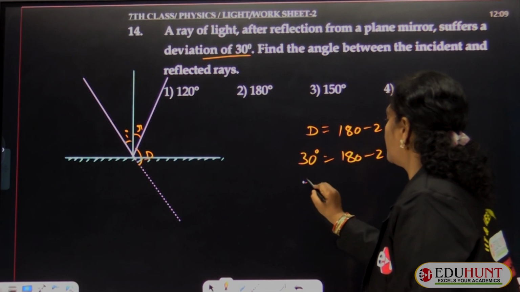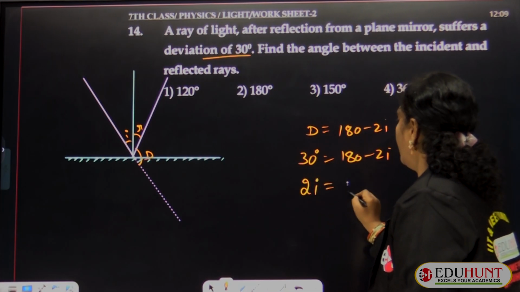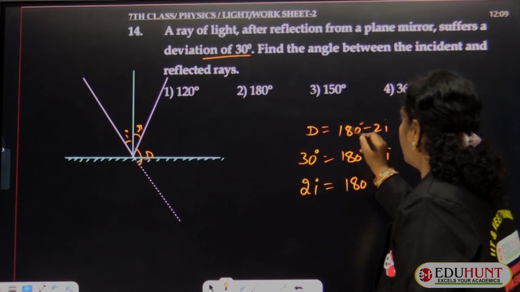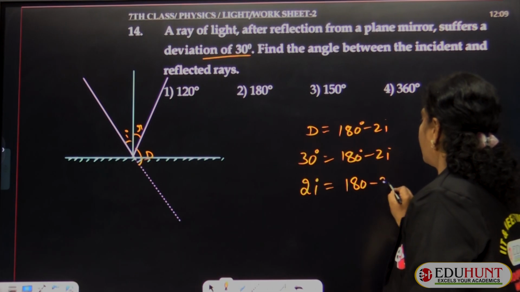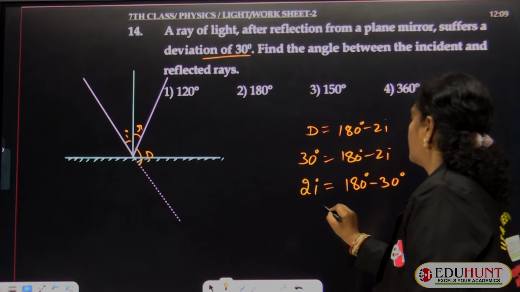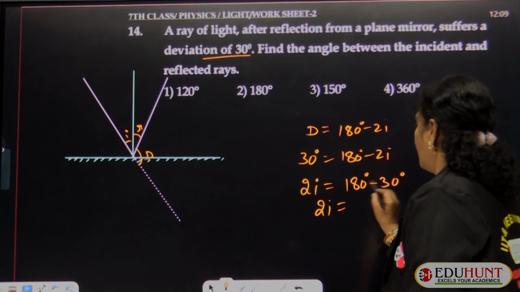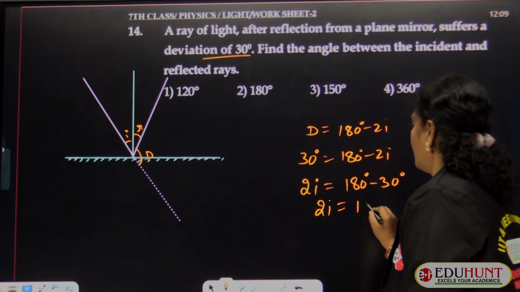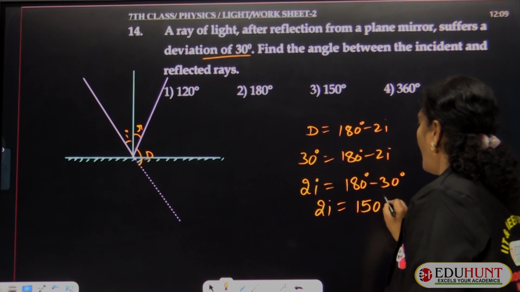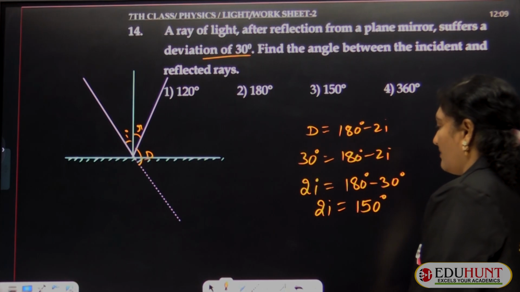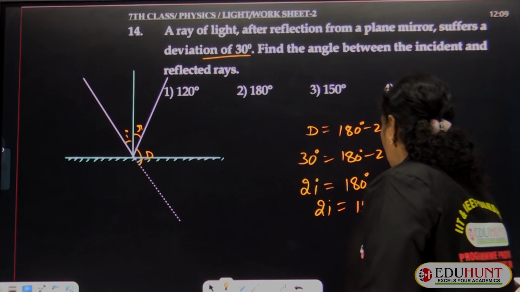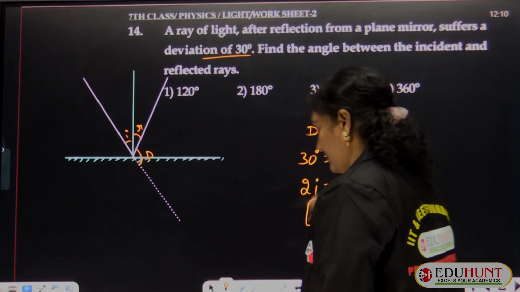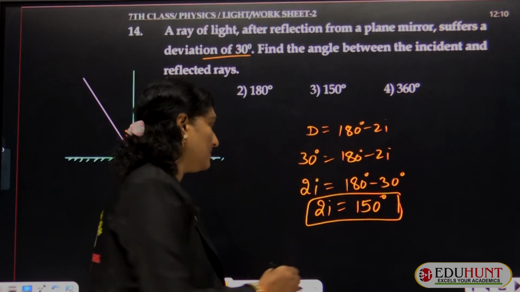Bringing 2i to the left side and moving 30 degrees to the right side, 2i must be equal to 180 minus 30, which is how much, children? It is 150 degrees. The value of 2i is equal to 150 degrees, or i is equal to 75 degrees.